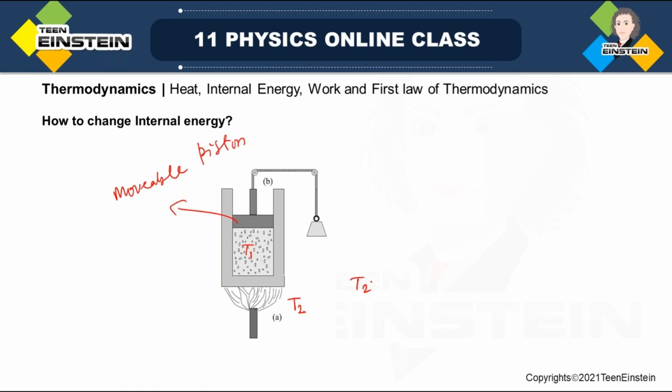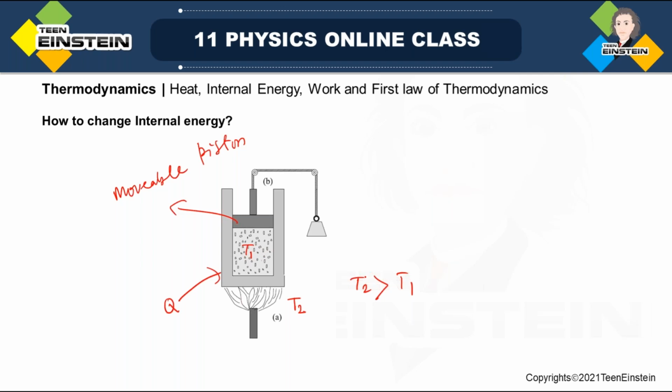If T2 is greater than T1, then what will happen? There will be heat flow. Heat energy will flow to the system. And if the system takes up heat energy from the surroundings, the temperature will rise. So internal energy will increase.